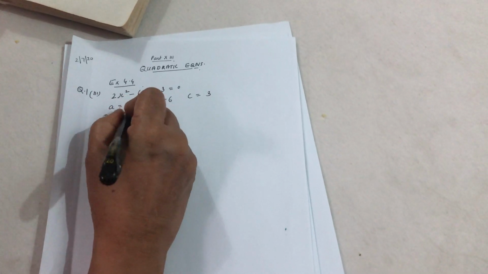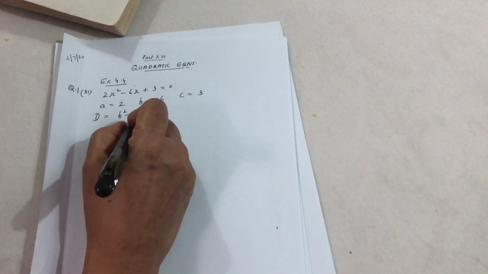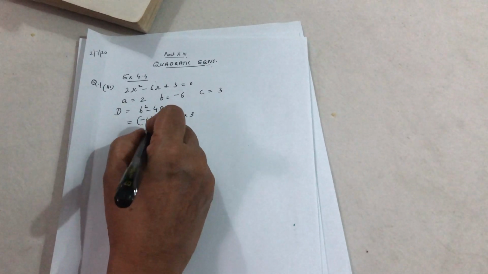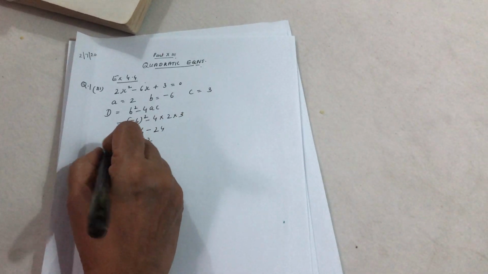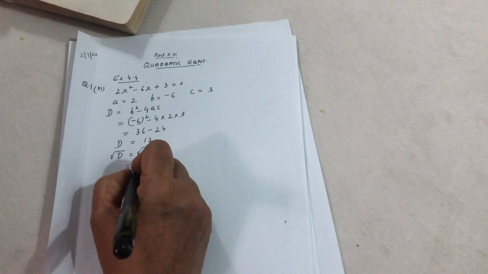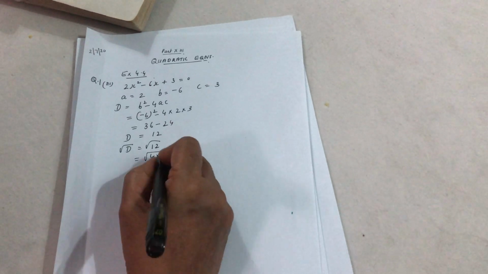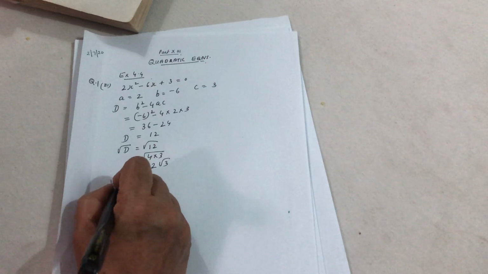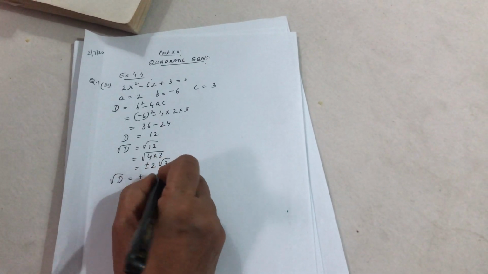D is equal to B squared minus 4AC, which is minus 6 squared minus 4 into 2 into 3, 36 minus 24 is 12. D is equal to 12, square root D is equal to square root 12, that is square root of 4 into 3, square root of 4 is 2, so root D is equal to plus or minus 2 root 3.